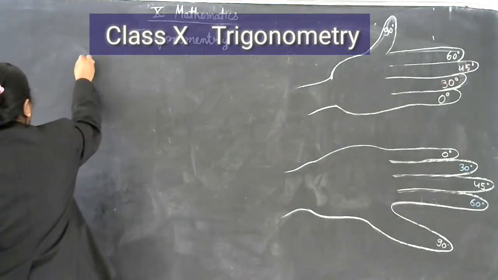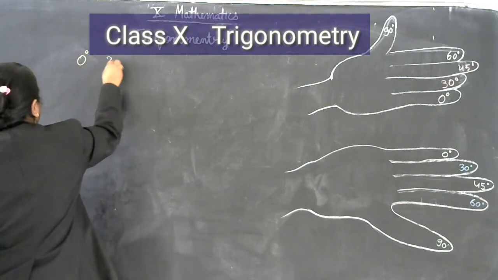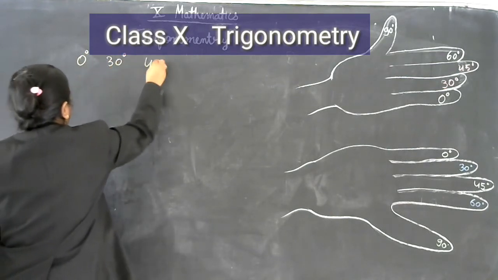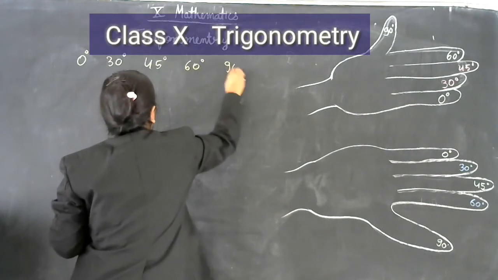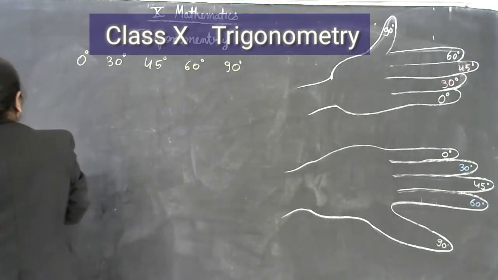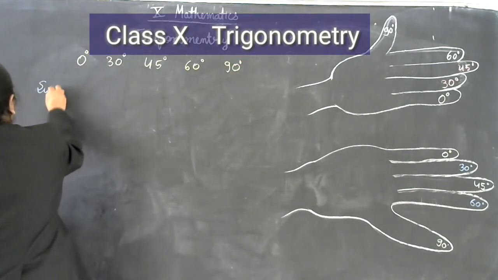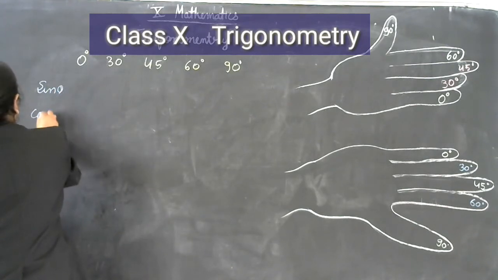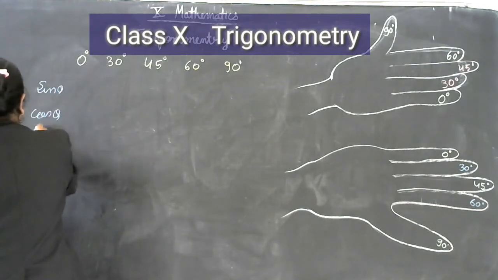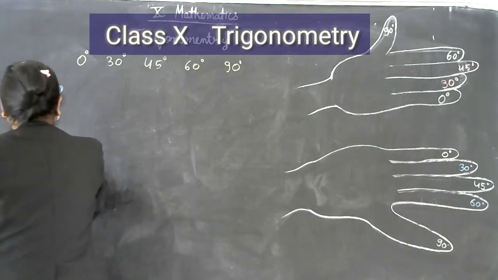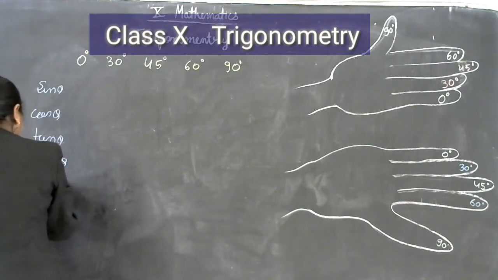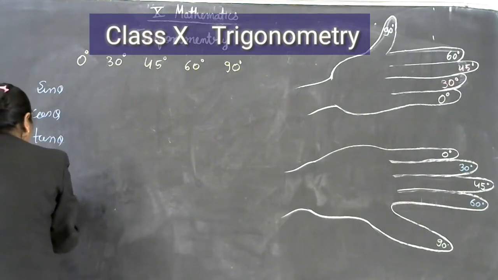So first we write the angles 0, 30, 45, 60 and 90 degree. And here sin theta, cos theta, tan theta, cosec theta, sec theta and cot theta.